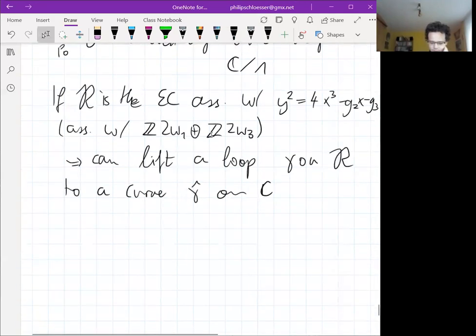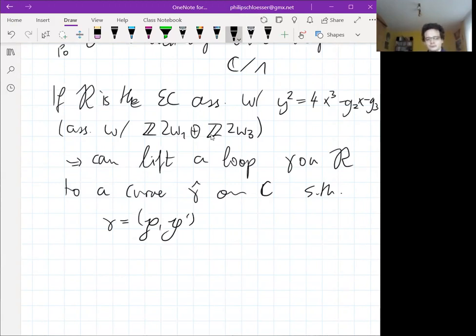So we can lift things such that gamma is equal to this isomorphism applied after gamma hat.